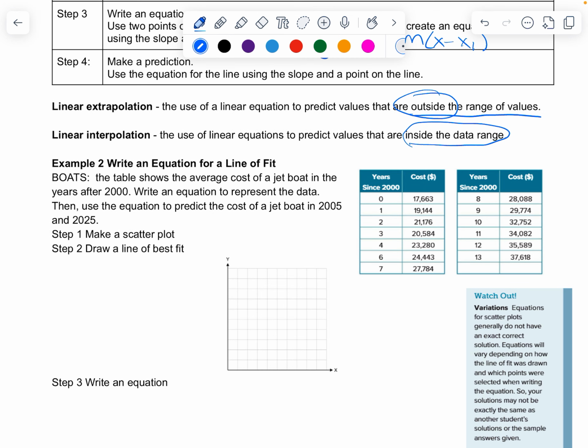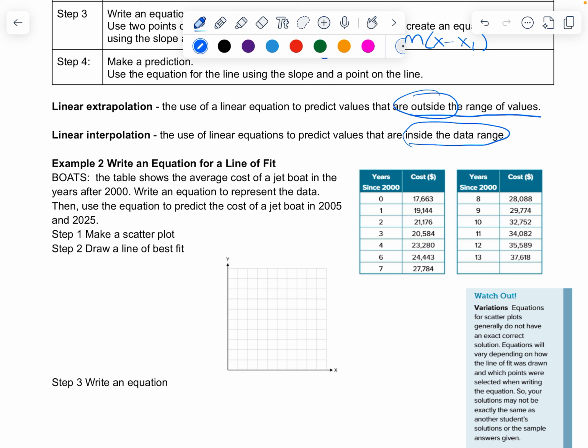Okay, so the table shows the average cost of a jet boat in the years after 2000. Write an equation to represent the data, then use the equation to predict the cost of jet boats in 2005.